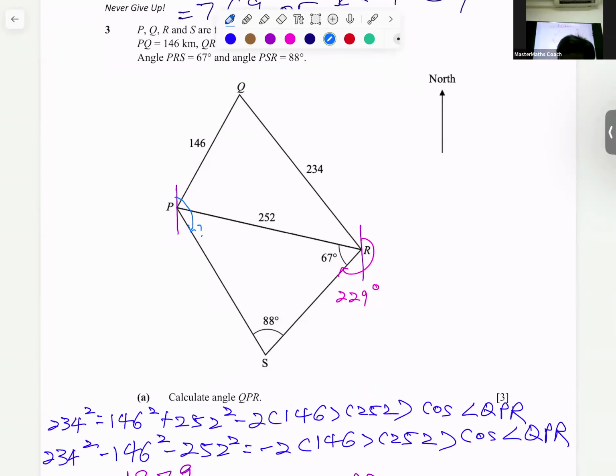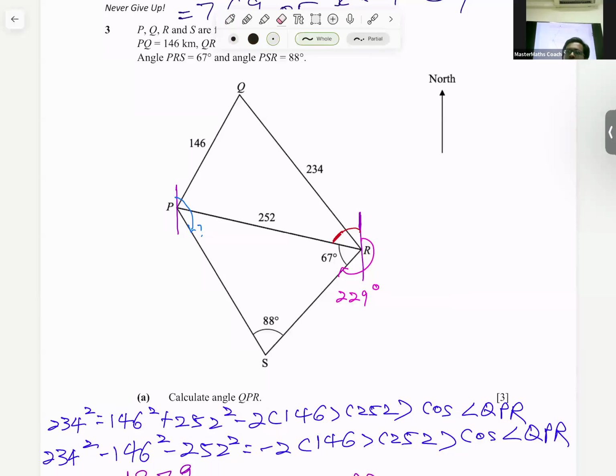First things first, let's do it slowly. Okay, Nurin, can you tell us how much is this angle in red? Okay, now the issue is I want to name this angle, just to make sure that I know what I'm finding out.